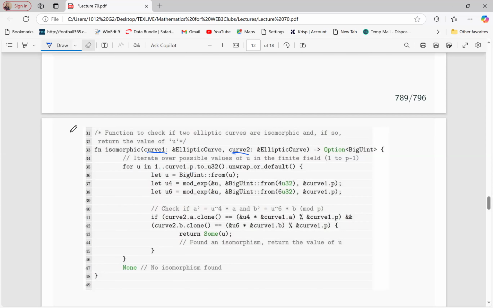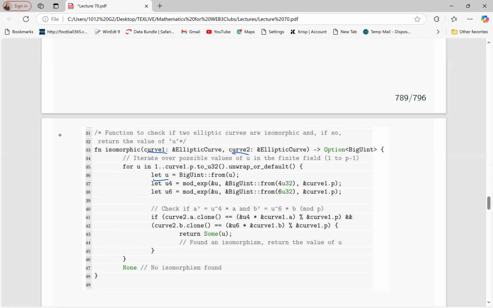So then you tell it, let u be a unit from this range. So u is in this range. Then let u raised to 4. It's now supposed to calculate u raised to 4, but it will not calculate.